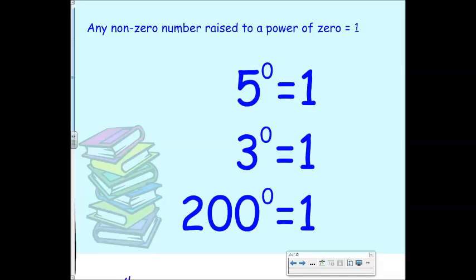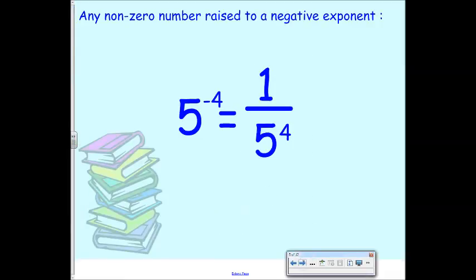Okay, what happens in a negative exponent? What do you see up here? What do you see happening? What is your initial problem? 5 to the negative 4th power. What happens over here? It's equivalent to what? 1 over 5 to the 4th power. So what did you do? Or what did I do? Because I guess I wrote this.